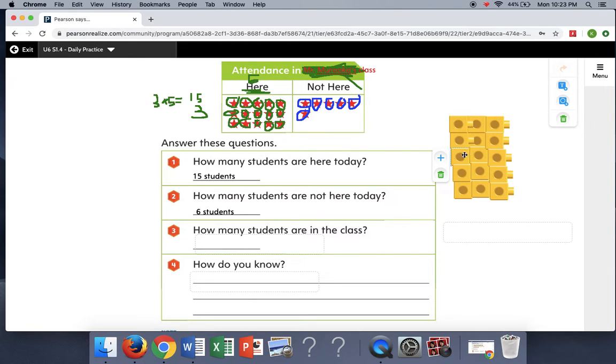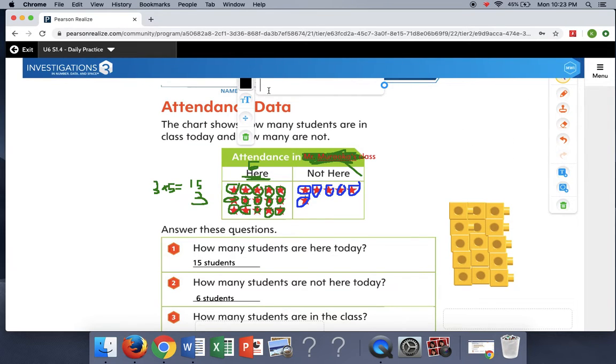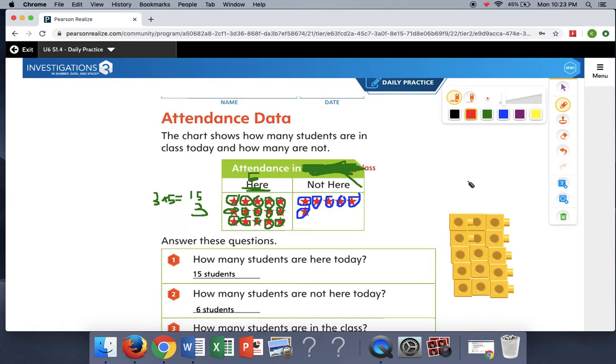So there's 15 blocks here. 1, 2, 3, 4, 5. Yep, 15 blocks. And those are my students who are here.